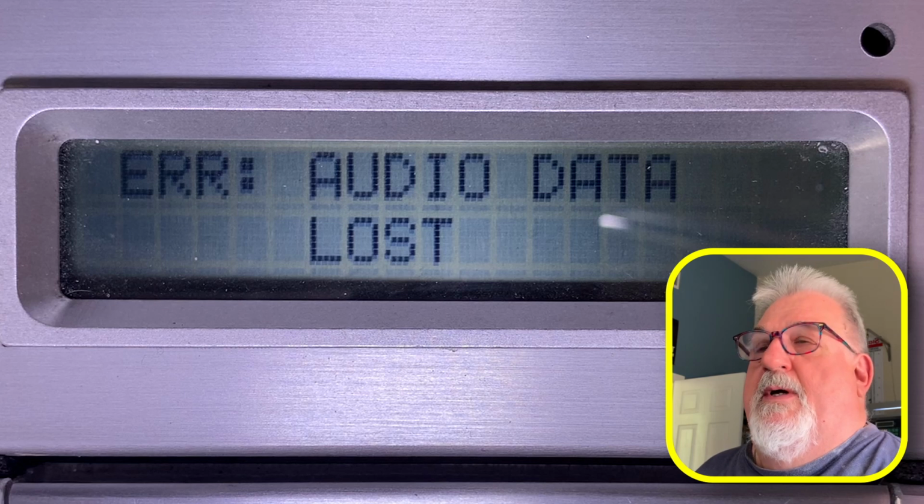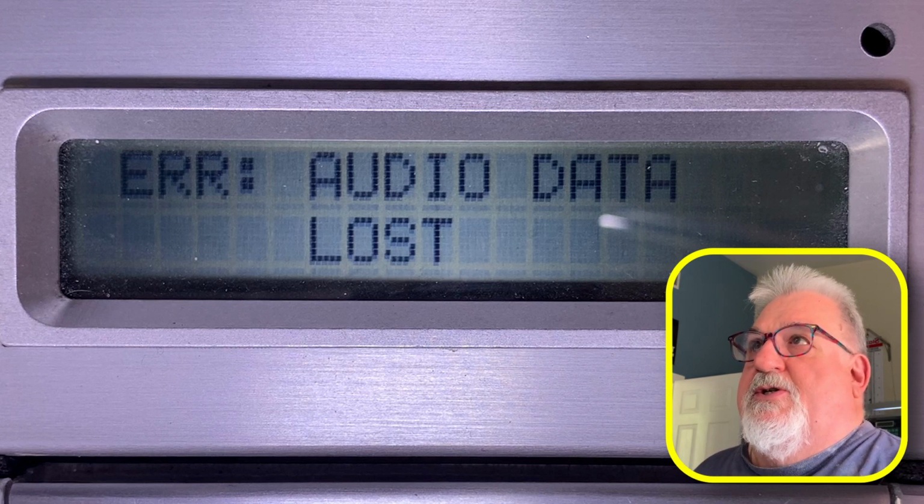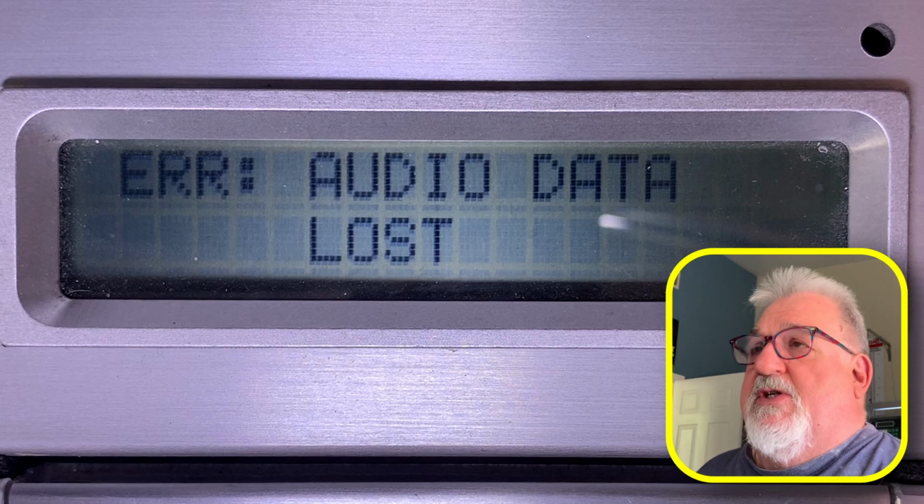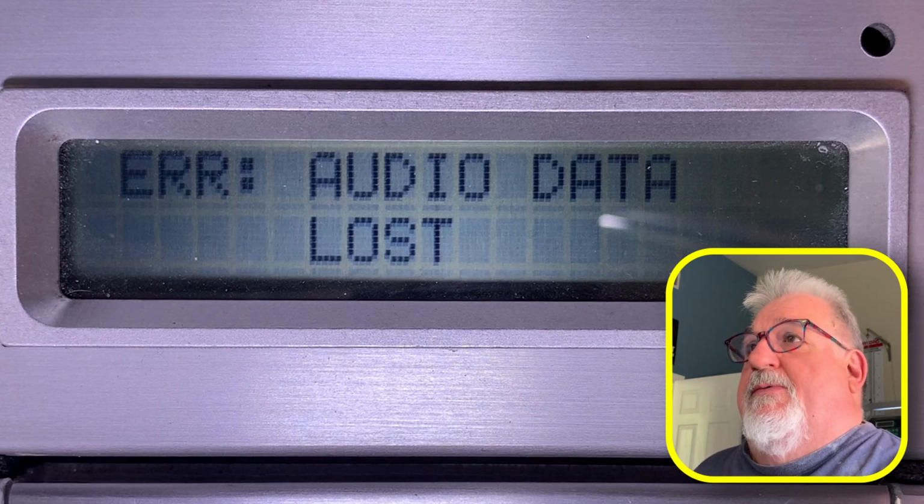Now, one of the things I showed you in the last video was this error, audio data loss, which I'm really not concerned about, but at the same time that this comes on the service display, this is what you see on the tape deck counter display.